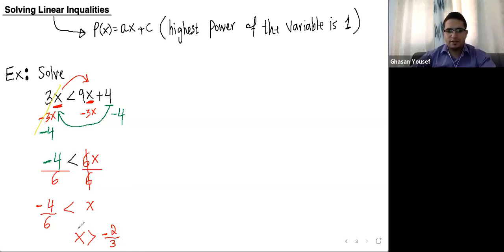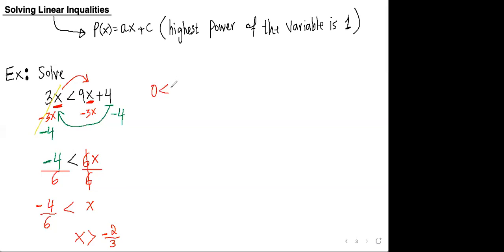This is correct. The 0 is greater than minus 2 over 3. Plug the 0 into the inequality. 3 times 0 is 0, less than 9 times 0, which is 0, plus 4. So 0 is less than 4, and this is correct.